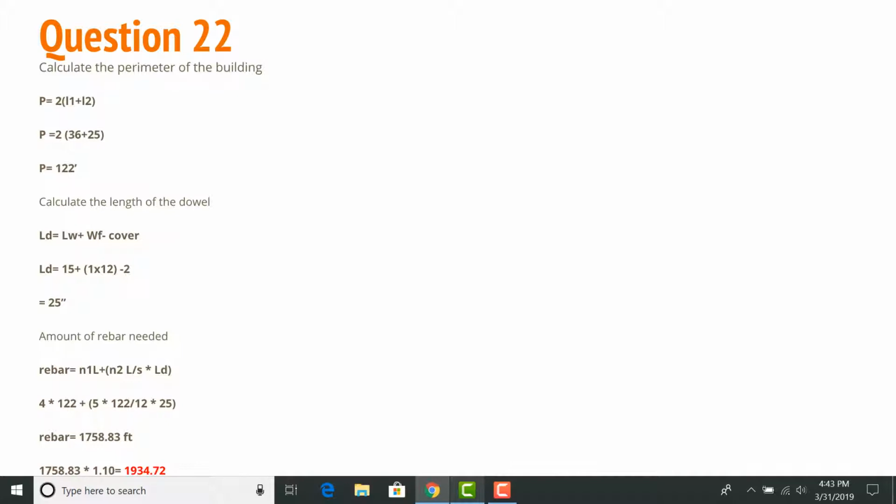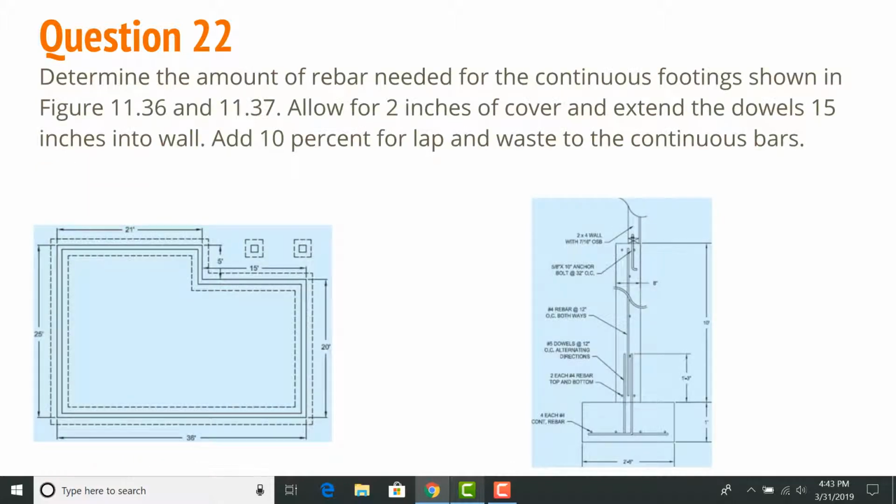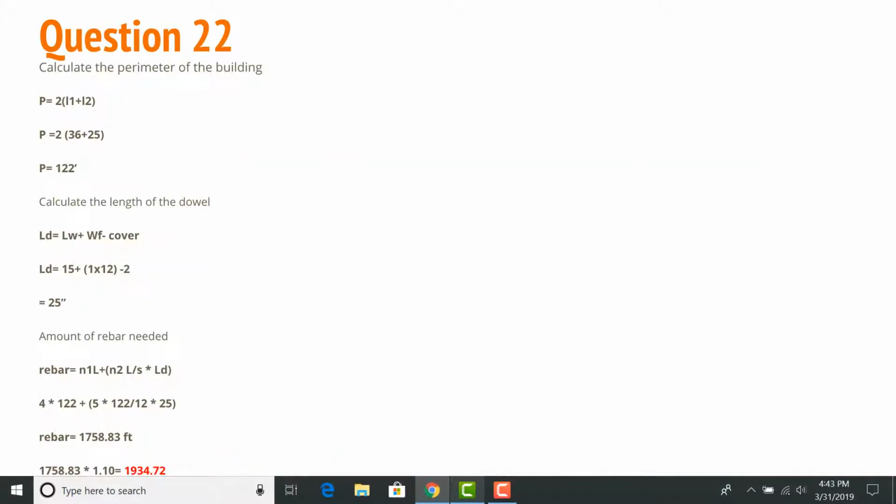And then calculate the length of the dowel. So the length of the dowel is equal to the length of the wall going in, the length of the wall and the width of the footing, minus the cover.